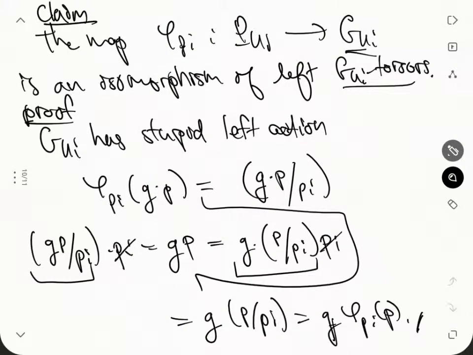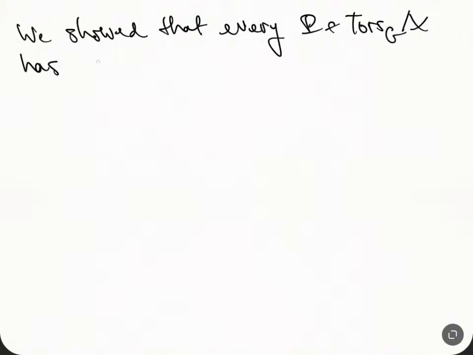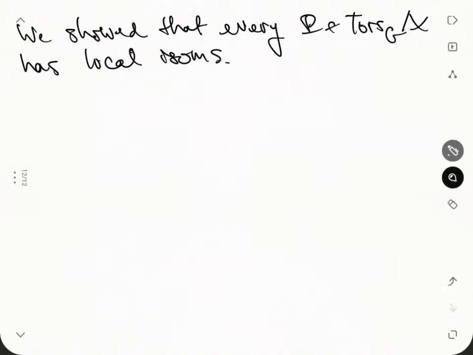We had this claim here, and we showed that every P, which is a left G torsor over X, has local isomorphisms. Let me rephrase this.